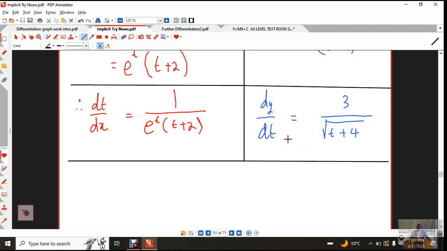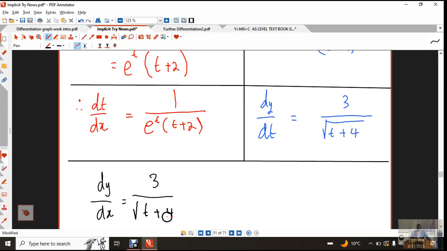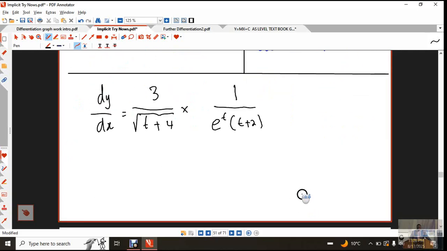So by the chain rule, dy/dx is equal to dy/dt, which is going to be that 3 over the square root of t plus 4, multiplied by 1 over e to the t, and then you have t plus 2 over here. Well, I'm just going to leave it over there.